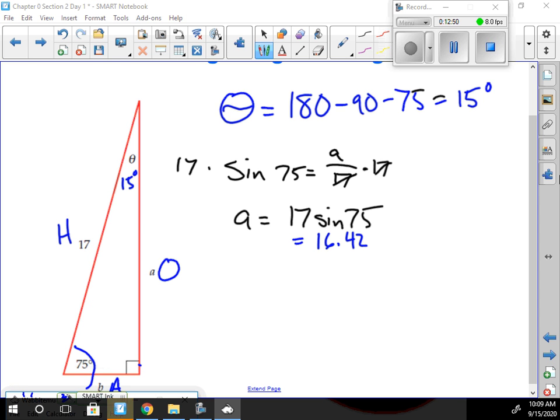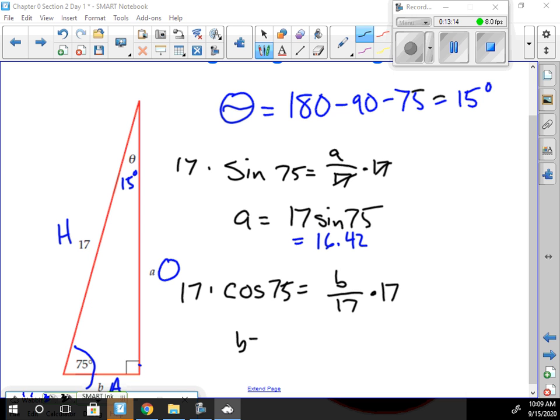Now I need to find B. So for B, this is adjacent to the hypotenuse, so I can do cosine of 75 equals B over 17. Multiply both sides by 17.